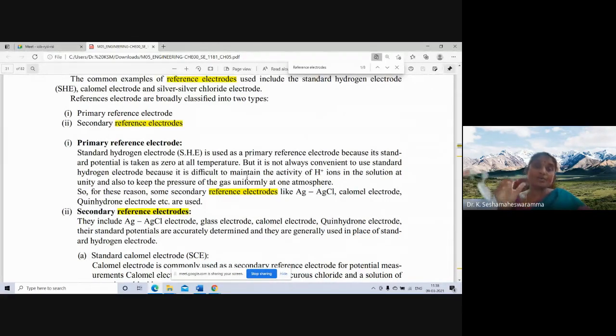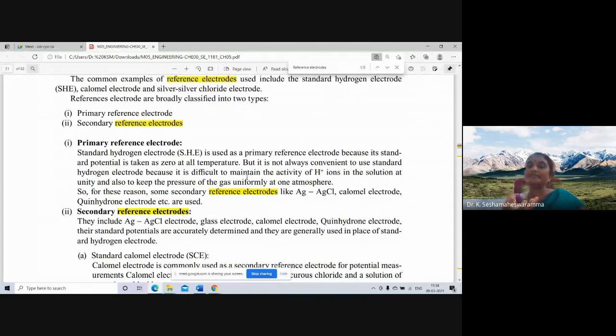But it is not always convenient to use the standard hydrogen electrode because it is difficult to maintain the activity of H+ ions in the solution at unity, and also to keep the pressure of the gas uniformly at one atmosphere.